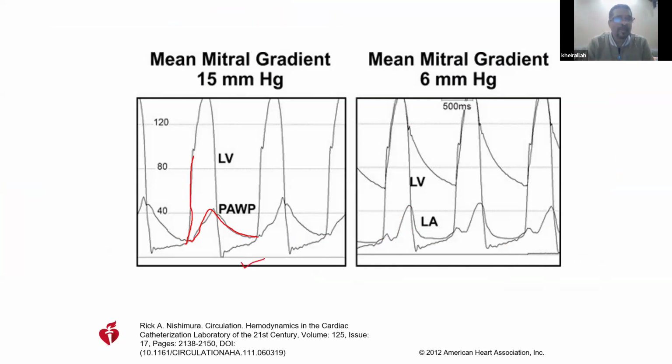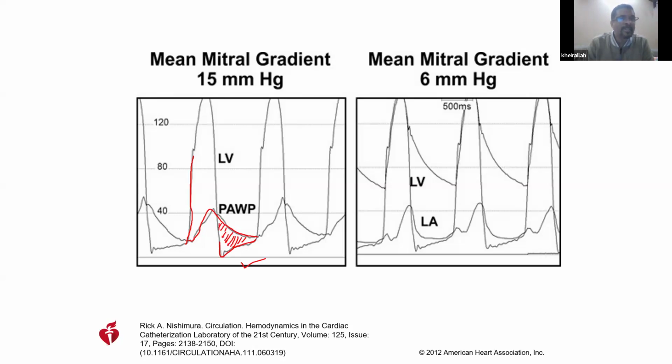Okay, what do we have here? There is a gradient. Look at this gradient. The gradient is present between the LV diastolic pressure, which is here, and the pulmonary capillary wedge pressure during diastole. This one. This is a pressure difference, not supposed to be present.